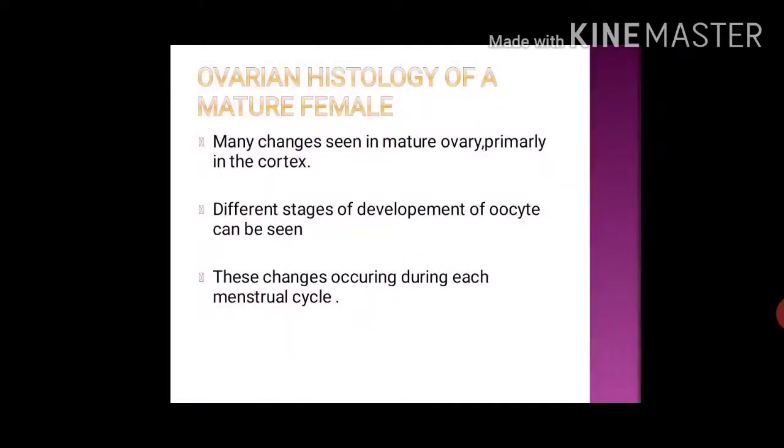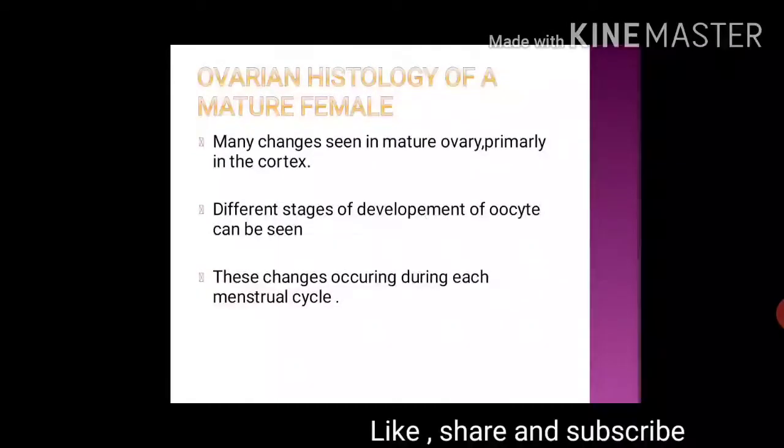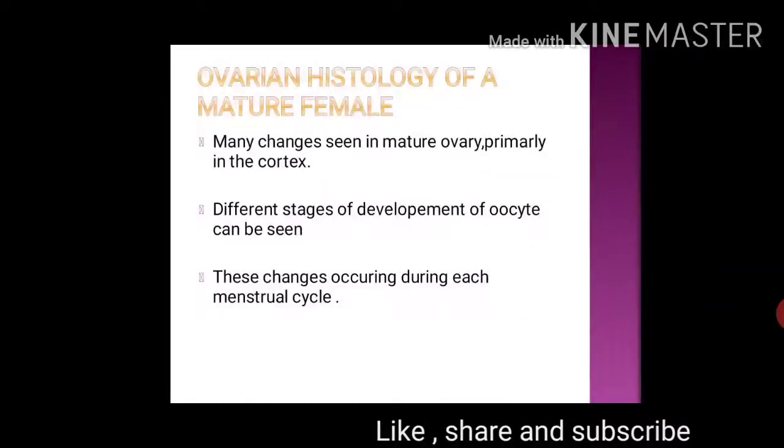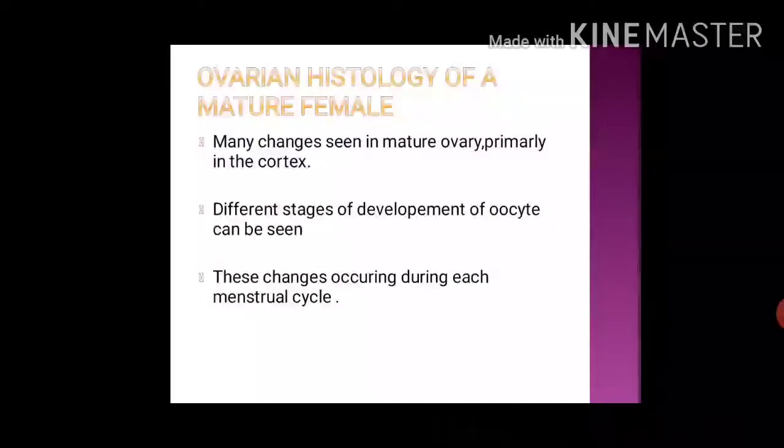The outermost part is the cortex, and the other is the medulla. In the cortex region, different stages of follicles are present: primordial follicle, primary follicle, secondary follicle, and Graafian follicle. Each primary follicle has multi-layer cuboidal follicular cells.